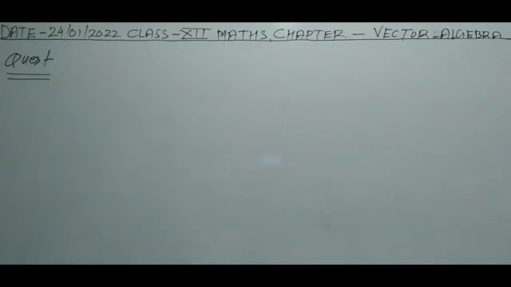So we have to find the vector p which is perpendicular to both a and b, and p dot c is equal to 18, which is given.